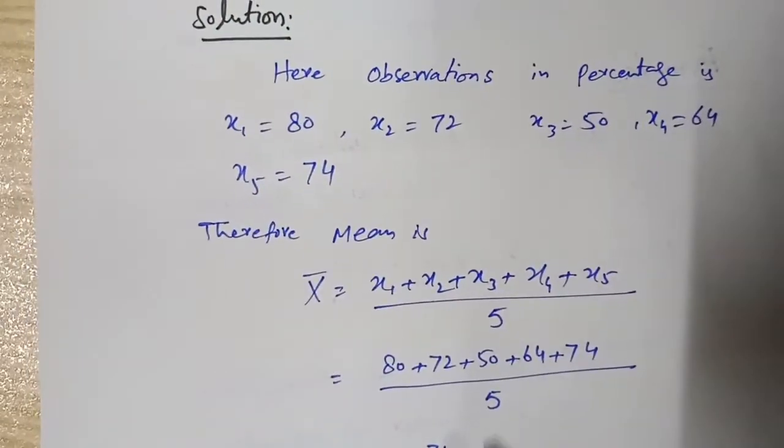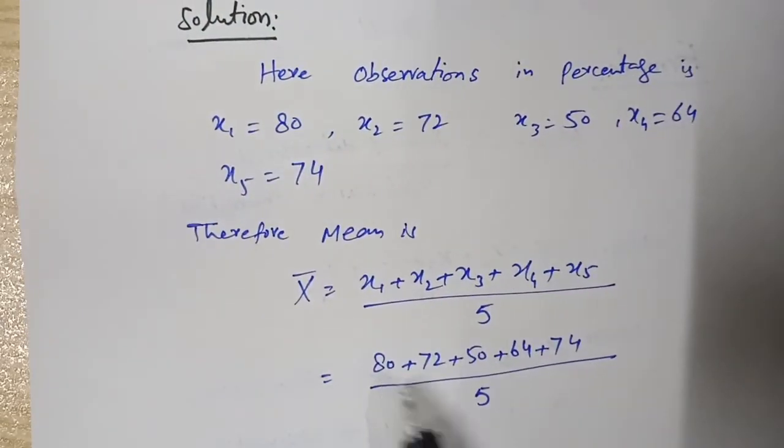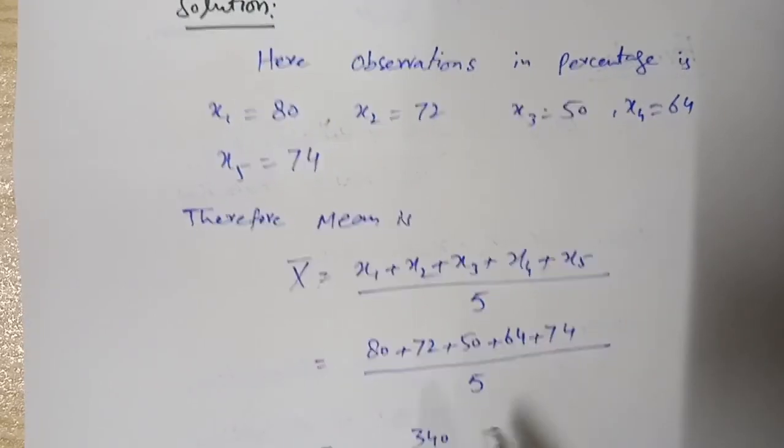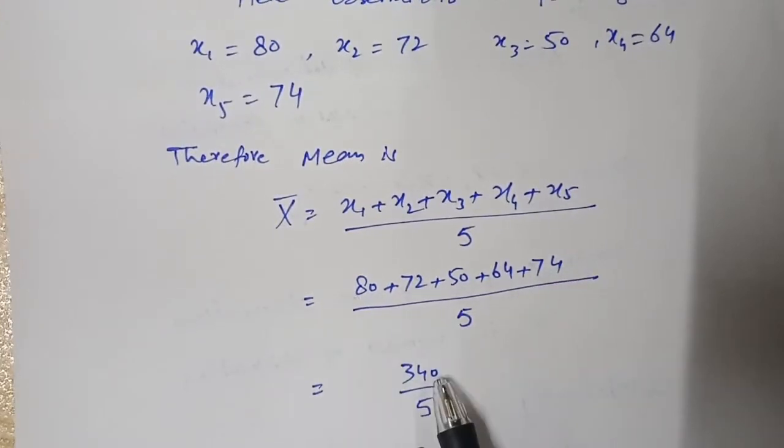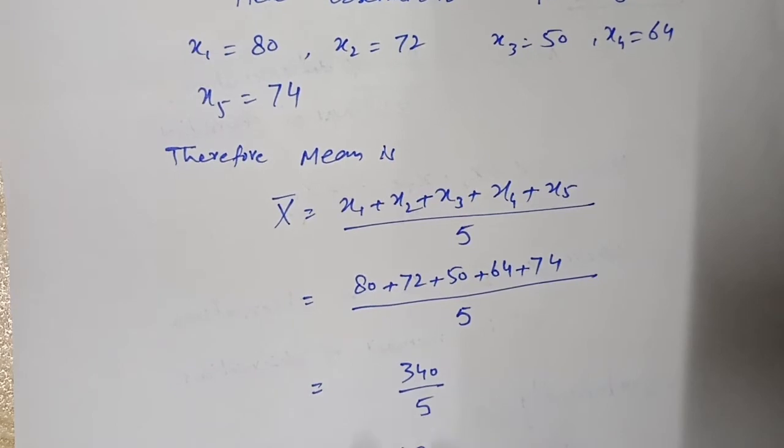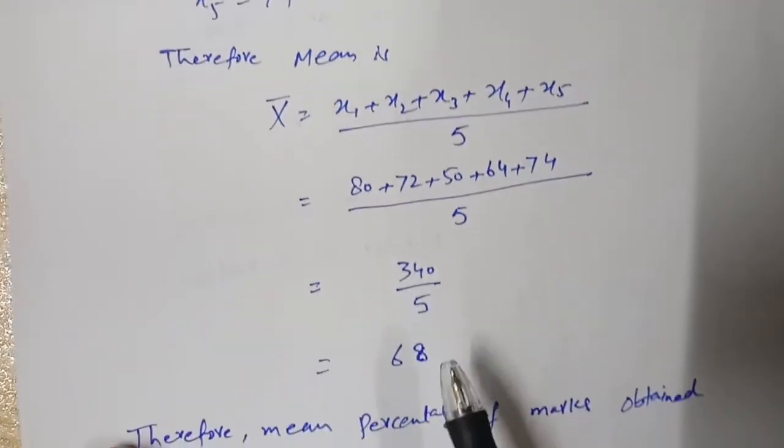Now put in the values of the observations: 80 plus 72 plus 50 plus 64 plus 74, divided by 5. When you add these numbers, it becomes 340, and 340 divided by 5 is equal to 68.